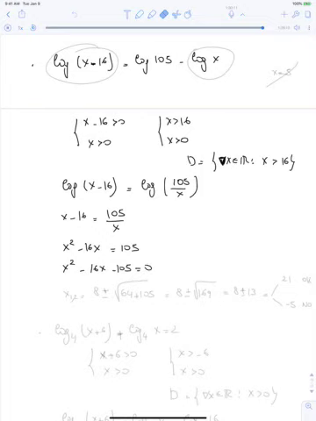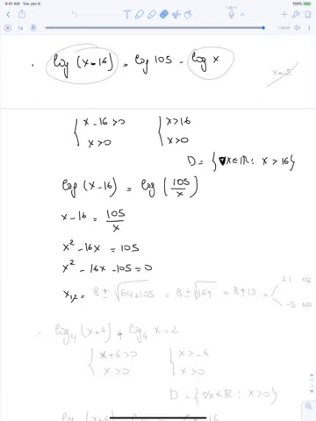And now we can study the two solutions. x1,2 is equal to, we can work on b squared instead of b divided by 2.